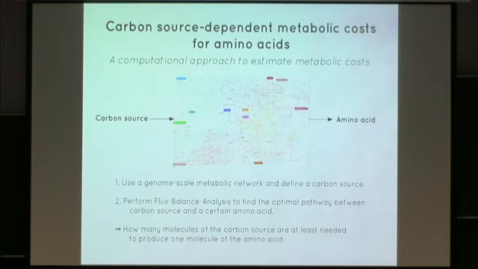From this setup, you could perform flux balance analysis, which in principle calculates the optimal pathway from the carbon source towards the amino acid through that network. With optimal, I mean that it minimizes the amount of carbon source that is needed to produce that amino acid. In the end, you could answer this question: how many moles of a resource do you need to produce 1 mole of an amino acid?